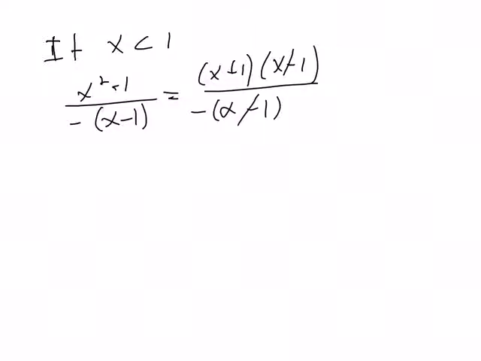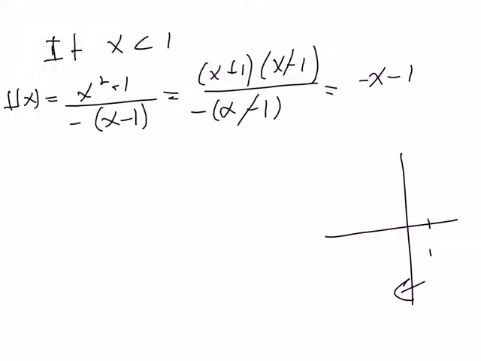These cancel, and I get that my f of x when x is less than 1 is the same as negative x minus 1. So this will look something like, okay, here's my graph, and here's 1.